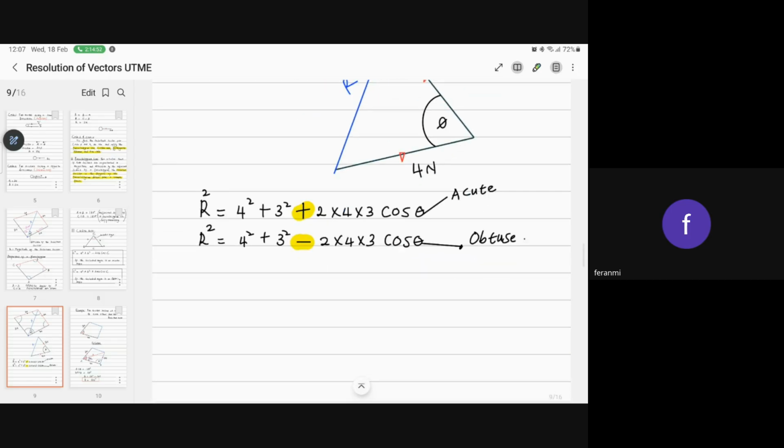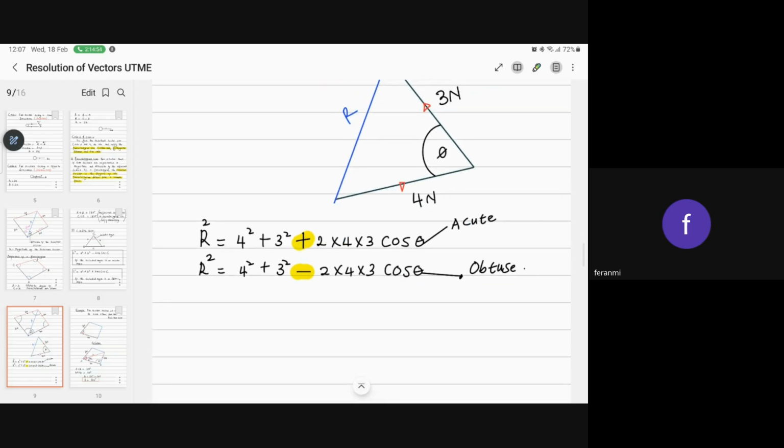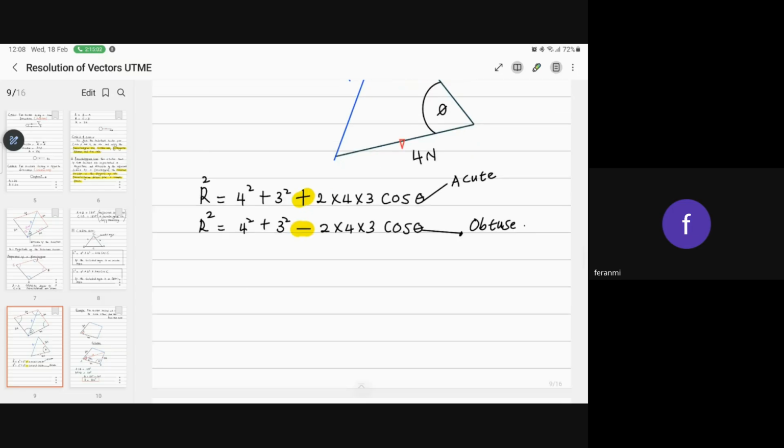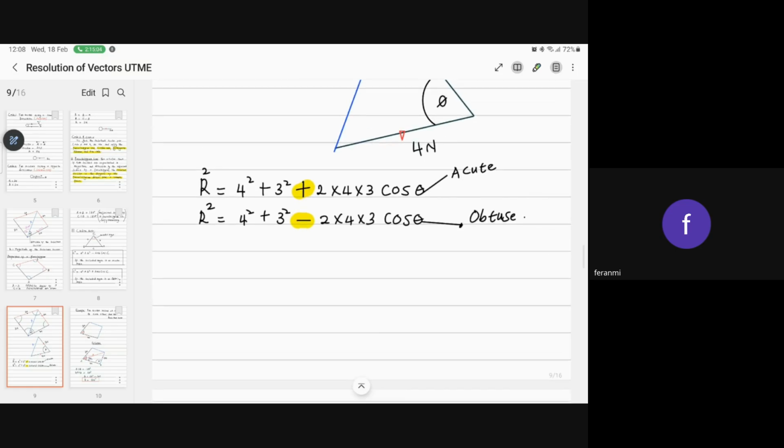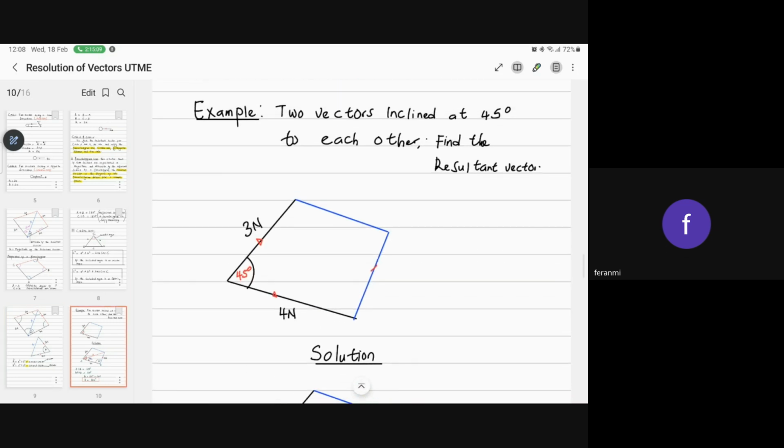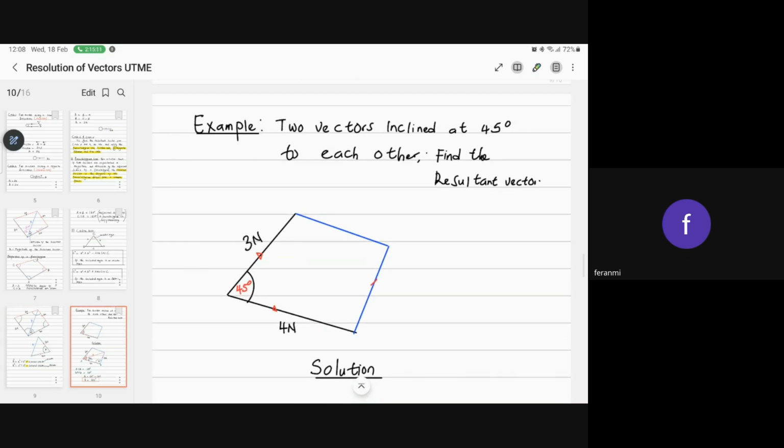And I said we can have the acute angle, which has plus, and the obtuse angle that has a negative sign, depending on what you have in terms of the angle. By the way, acute angle is less than 90, obtuse angle is greater than 90 but less than 180.